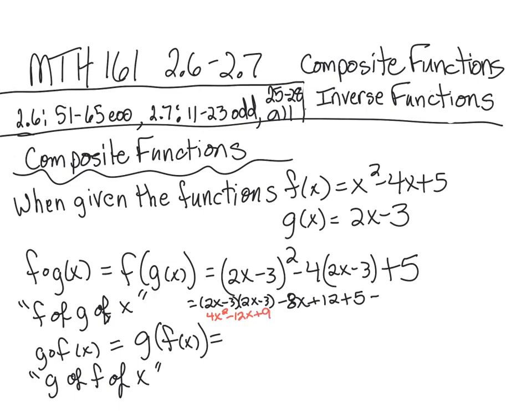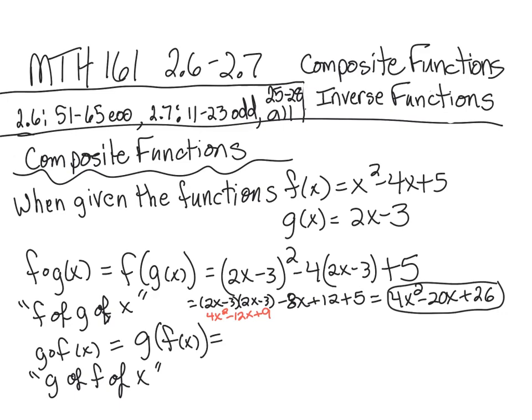Combine like terms, and we get 4x squared minus 12x minus 8x, plus 9 plus 12 plus 5 is going to give me 26, I think. But the point is, when you find a composite function, you plug one function into another function, you get a brand new function.